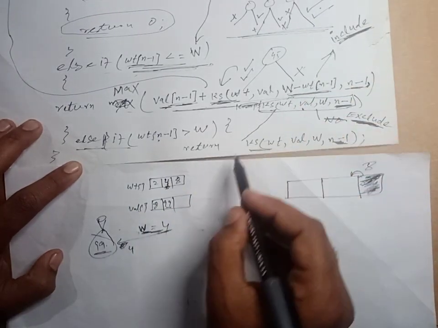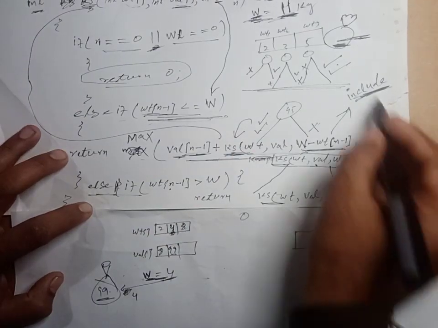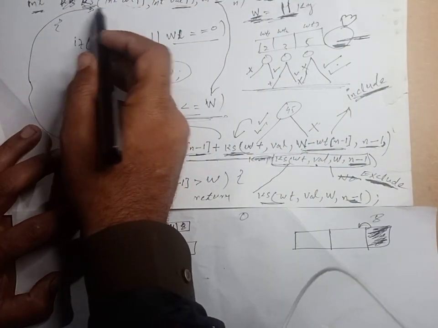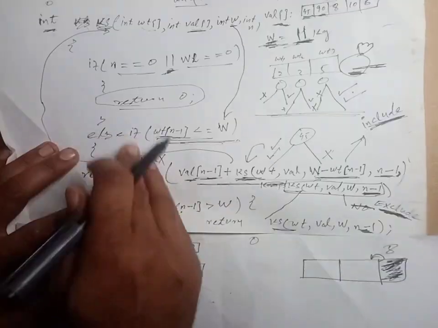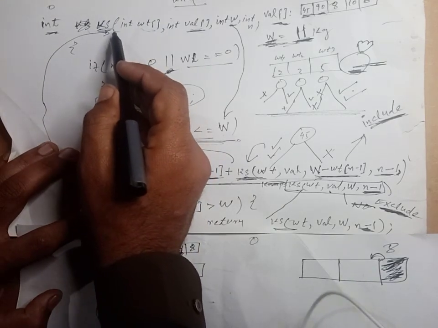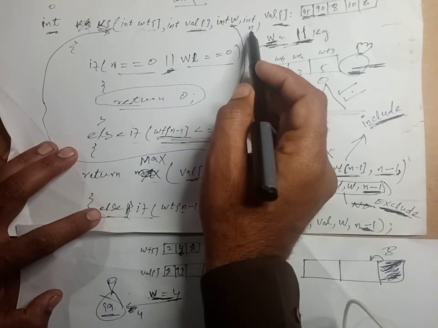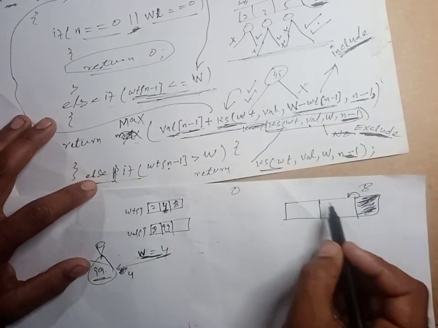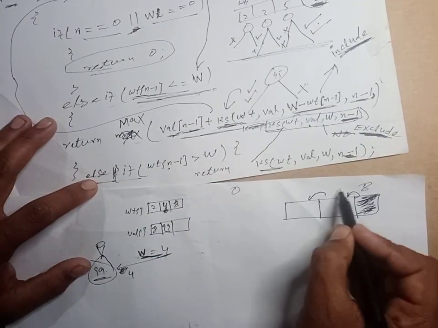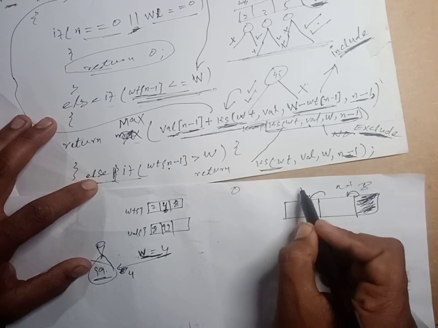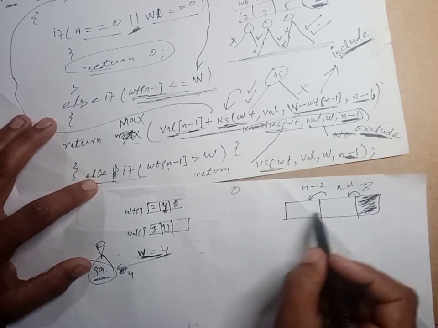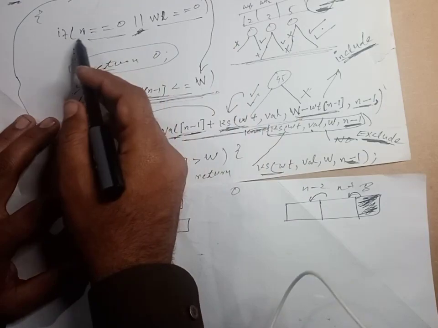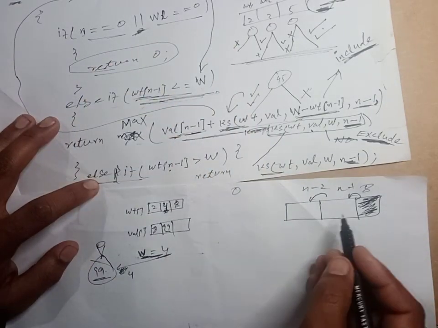Now the code goes back again to the recursive call, and now n is n minus 2. It was n minus 1, now n minus 2. And with n minus 2 we have to check if n is equal to 0.